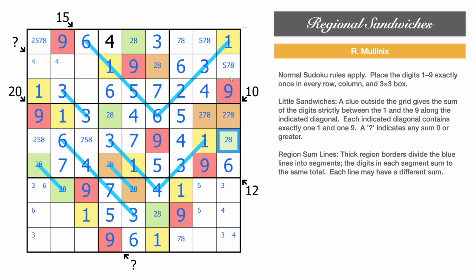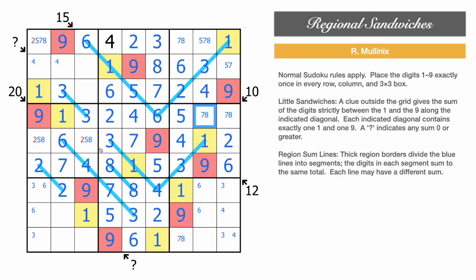This actually sees both green and orange, so that can't be 8. So that means that pushes the 8 up here, which makes green 2 and orange 8. Not sure which one that is. So let's get rid of the orange and the green now.